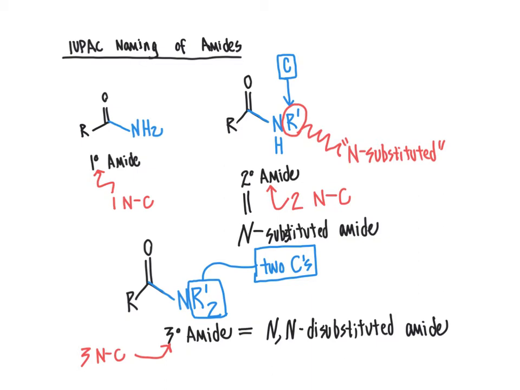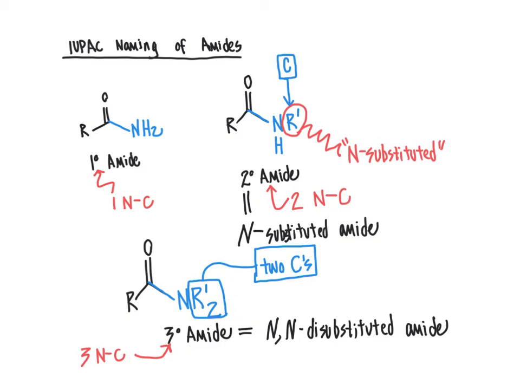So when we are naming amides, the rules for naming these different amides are going to vary just a bit based on whether you're dealing with a primary, secondary, or tertiary amide. Because when we're dealing with secondary or tertiary amides, we have the extra consideration that we have to specify the identity of the carbon-containing group directly bonded to the nitrogen atom, or multiple carbon-containing groups bonded directly to the nitrogen atom.